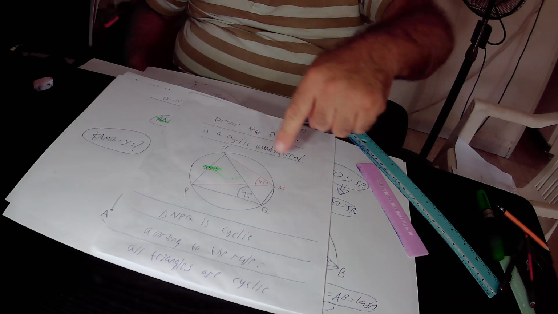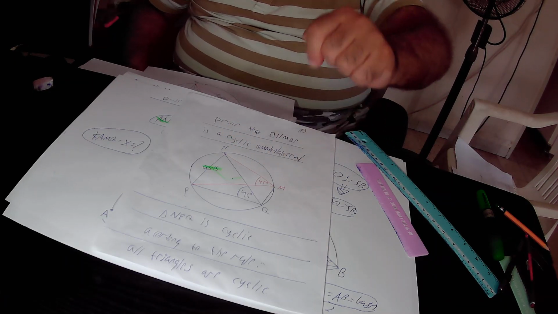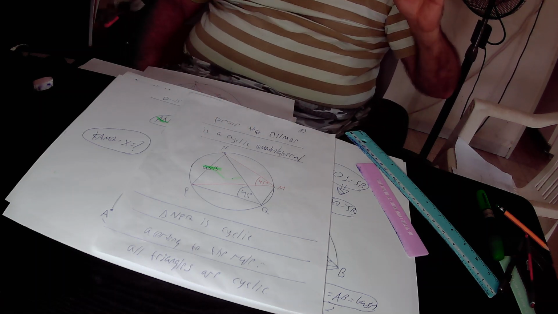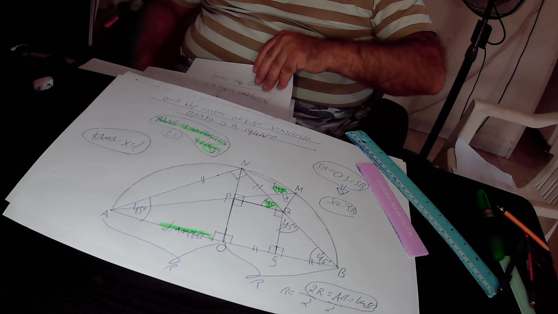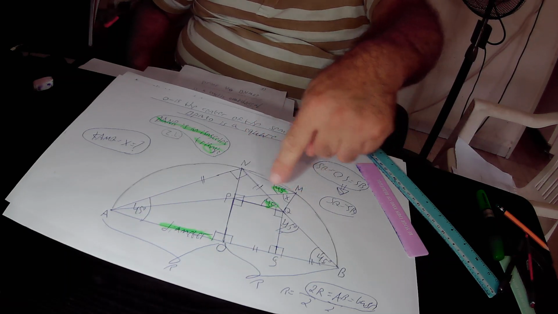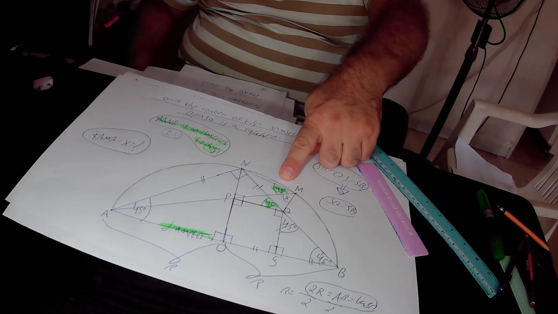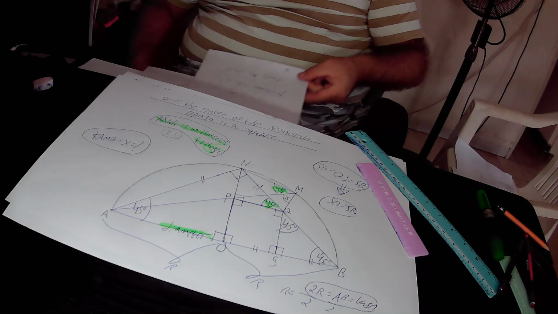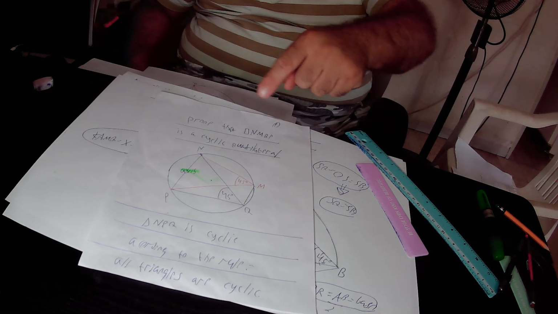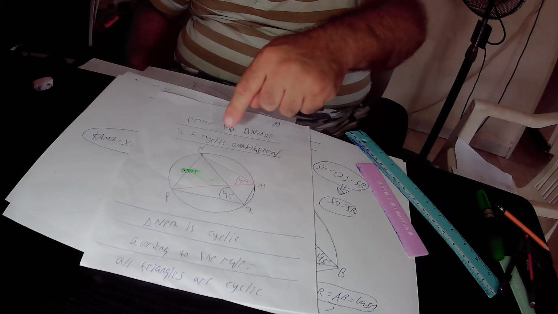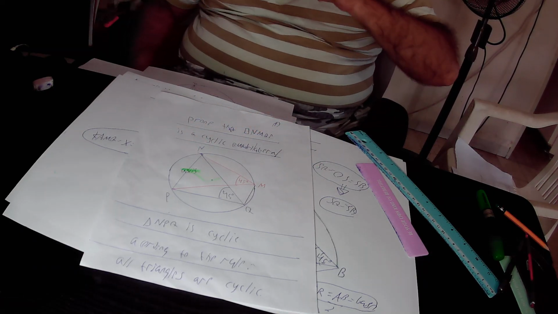Therefore, we get angle NMP that is equal to 45 degrees in size and it subtends on chord NP.